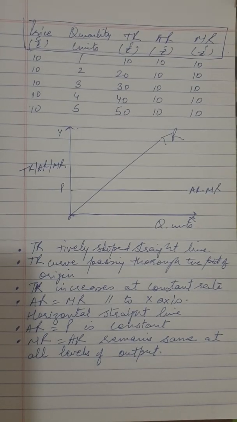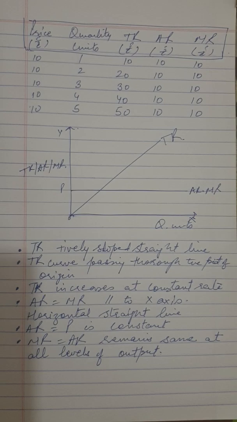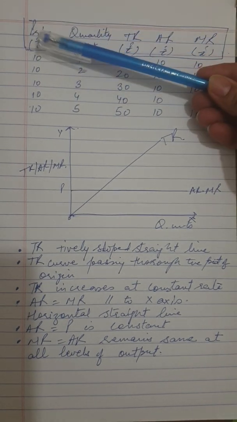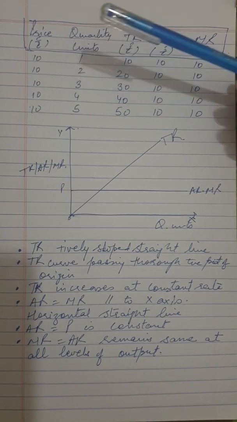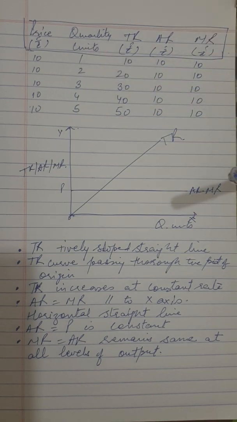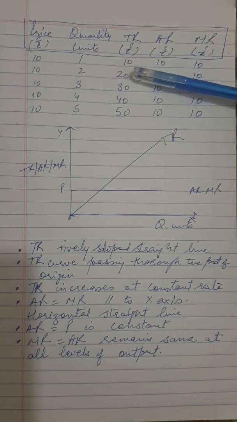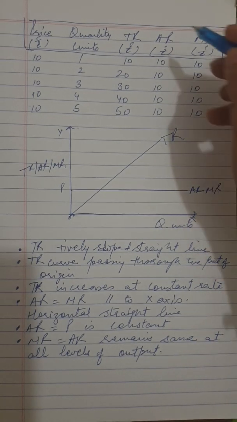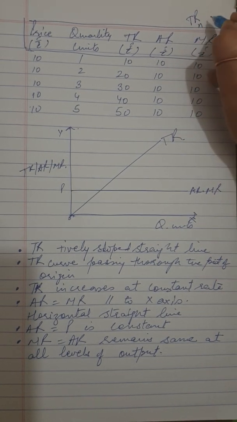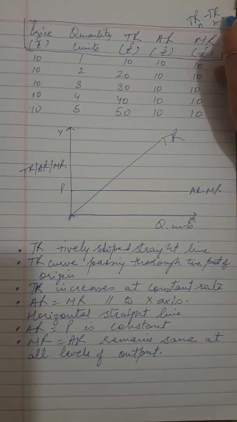Now let's discuss that relationship with the help of this schedule, table and the diagram. So in this, price is constant, it is fixed at rupees 10. The first firm sold 1 unit. After selling 1 unit, TR is equal to 10, AR is also 10 and MR is also 10. Because the MR formula is TR n minus TR n minus 1.